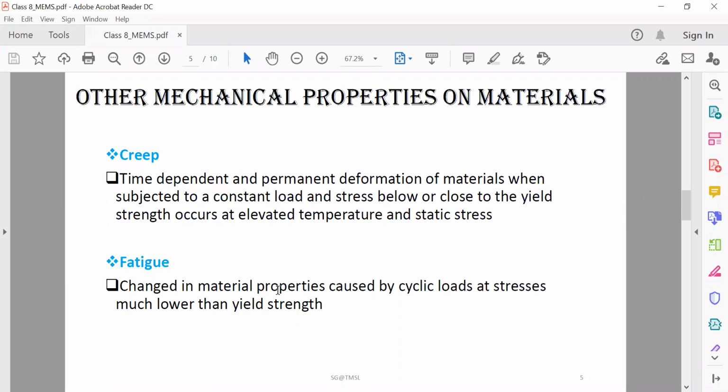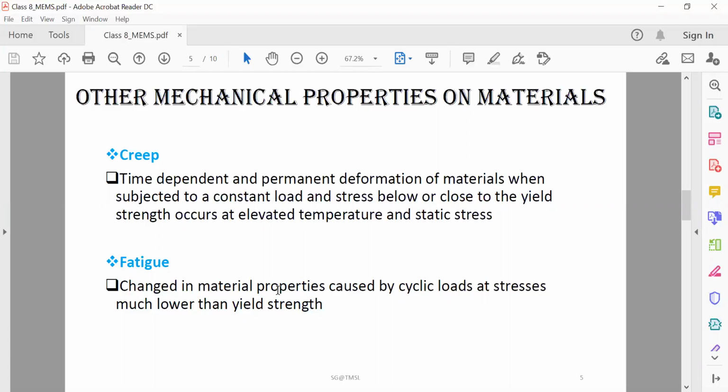That's why it is called cyclic stress. If you apply stress in a cyclic way and then release, that particular mechanical property of the material will change a little bit, and that is known as fatigue. If the material reaches its fatigue condition, it may not follow the linear stress strain relation.